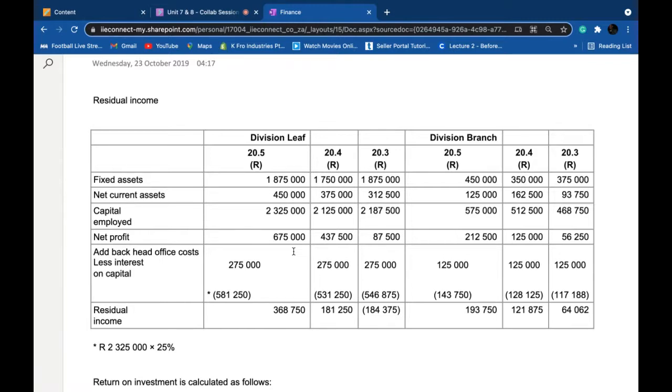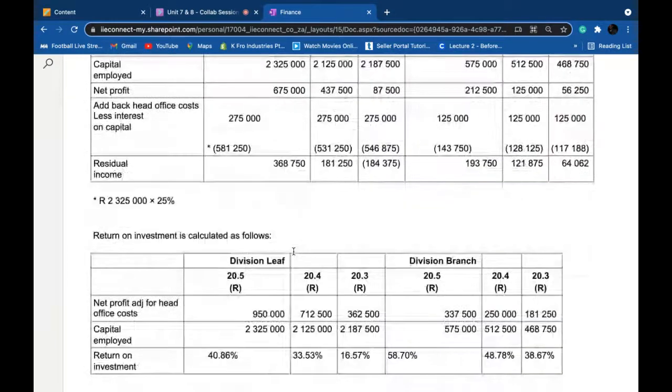Another thing is one could say, okay, they're willing to take a negative in the first year because here you get more income, when you add those balances there. So you could argue both ways. Add back head office costs, that's interest.